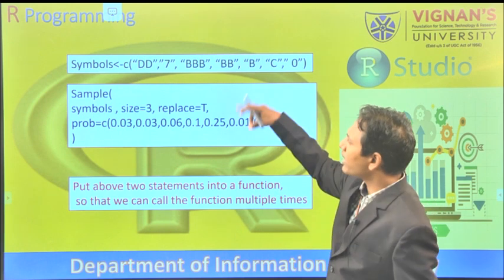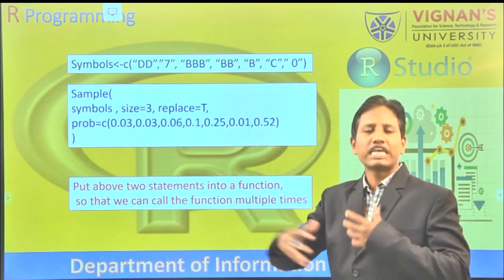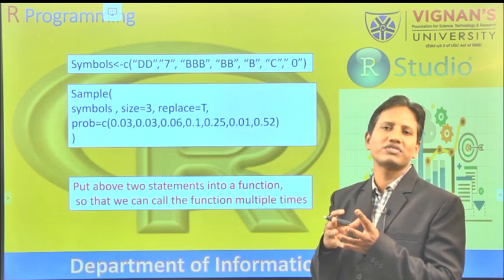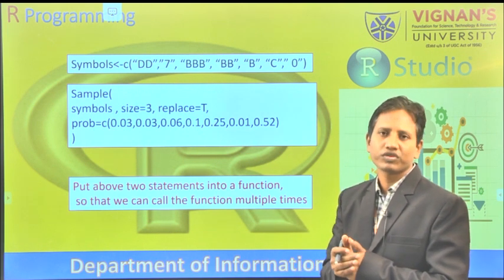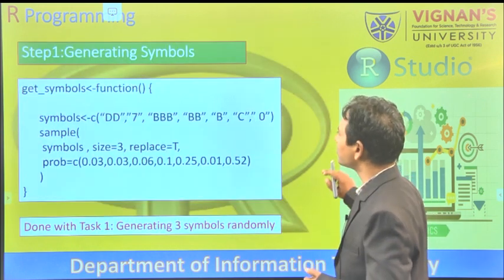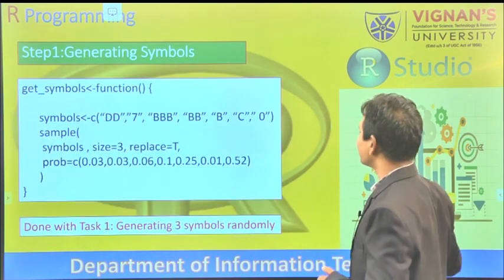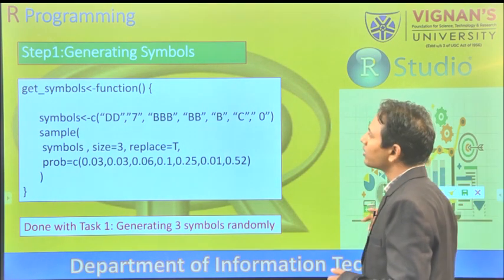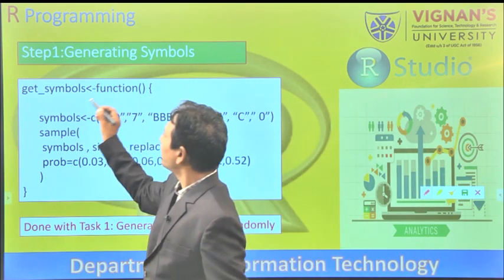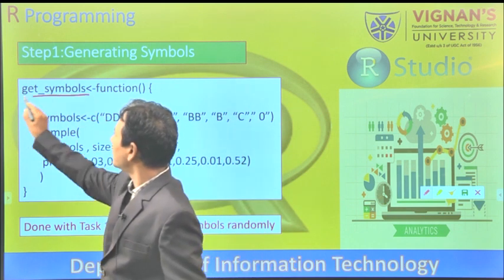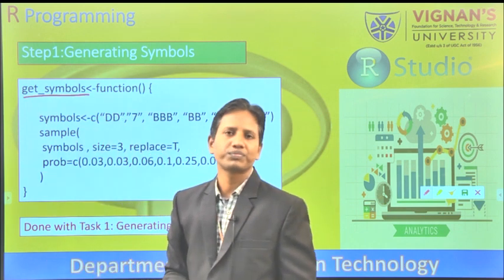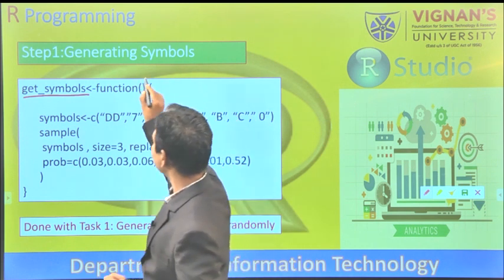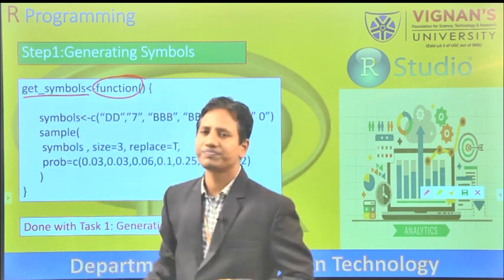So if I want to execute these two statements repeatedly, I need to put these two statements into a function. We will see how we are going to put this. See this one. So here my function name is get_symbols. So this is a function, so that's why we are using this keyword function.